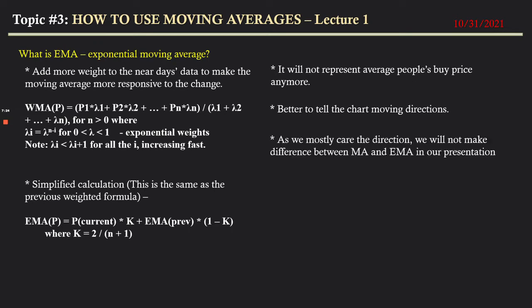So in the trading world, many people care about the direction rather than the average price. In that case, we'll use the EMA very often. We'll not tell the difference between them from now on.